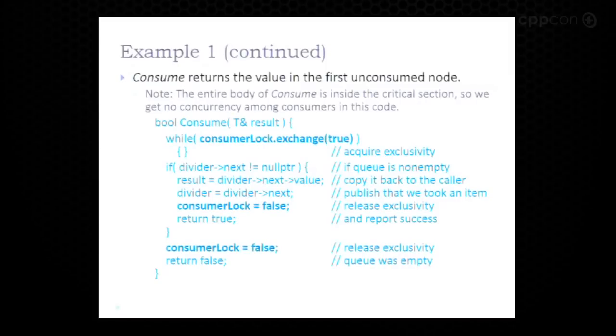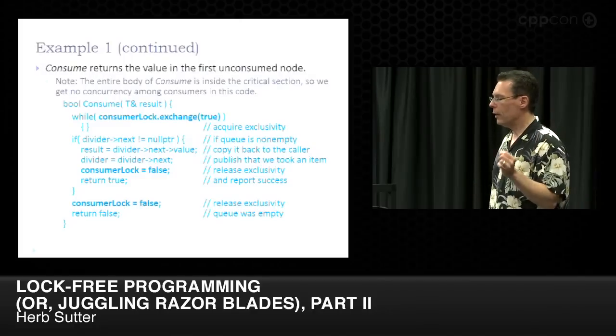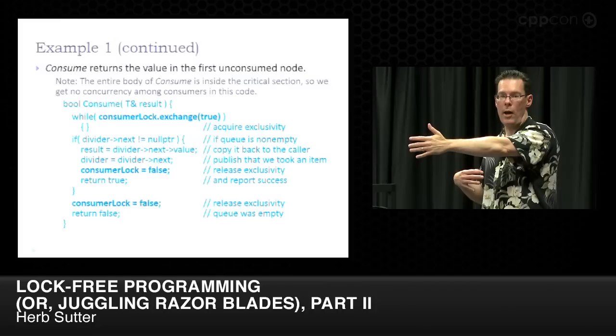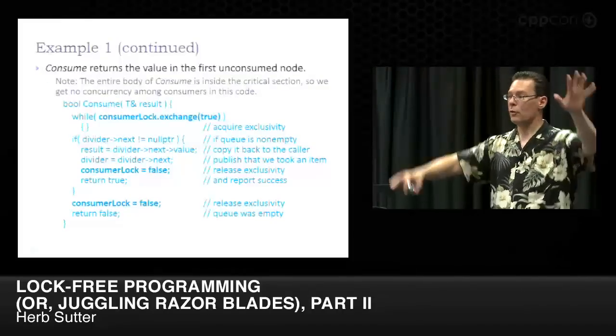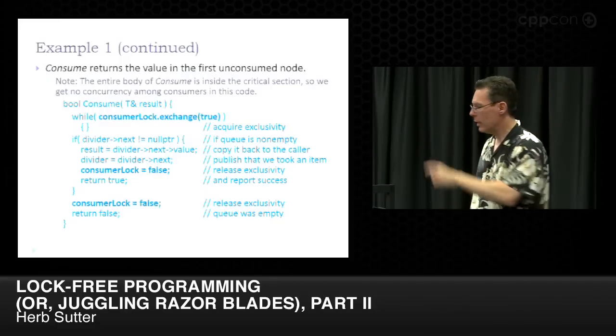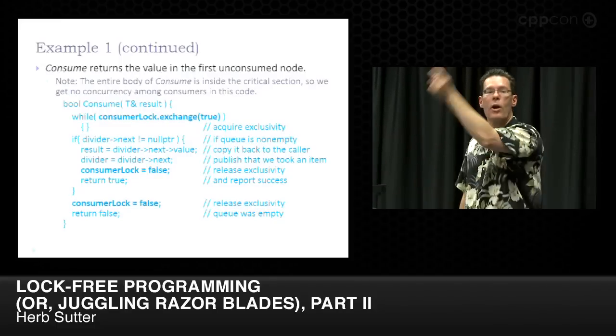Consume. We have produce and consume. Only 2 functions. The consumer first gets exclusive access to the consumption part. So we're only going to allow one consumer to be consuming at a time. We're going to allow concurrent producer with consumer, but only one consumer at a time in the critical section. The consumer first says, let me make sure I'm the only consumer.